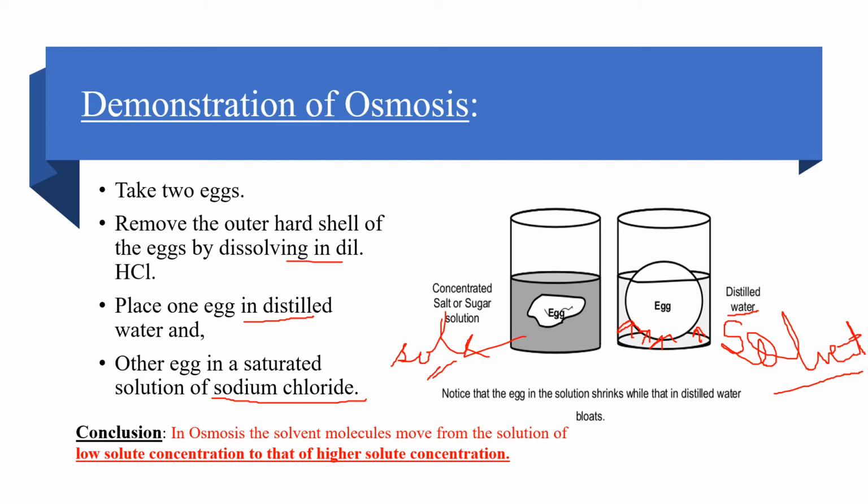We place an egg in that solution. So what will happen? The flow of solvent will take place from low solute concentration, which is present in the egg, towards the higher solute concentration, which is present in the solution of sodium chloride. So the egg will shrink in this condition.